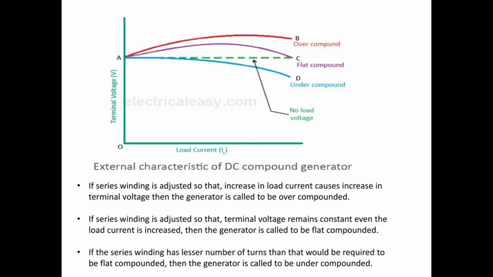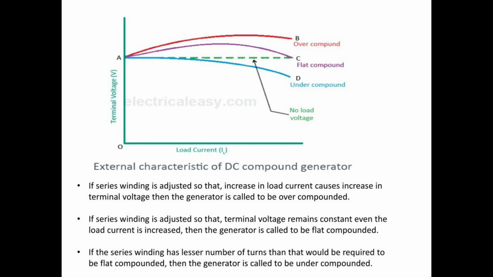This classification is done depending upon the direction of field currents. Okay, so if the series winding is adjusted so that an increase in load current causes an increase in terminal voltage, then such a generator is called an over compound generator.